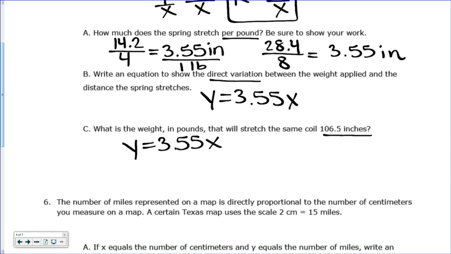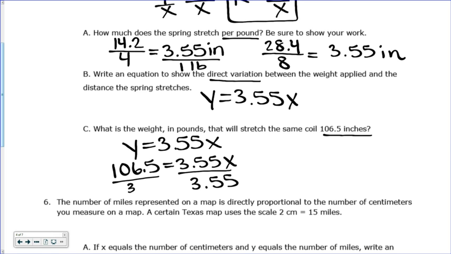So I'm going to plug in 106.5 because that tells me the inches. It depends on how much weight is applied to how many inches the coil stretches. So now I have a one-step equation solving for x. I'm going to divide both sides by 3.55. And x should equal 30 pounds.